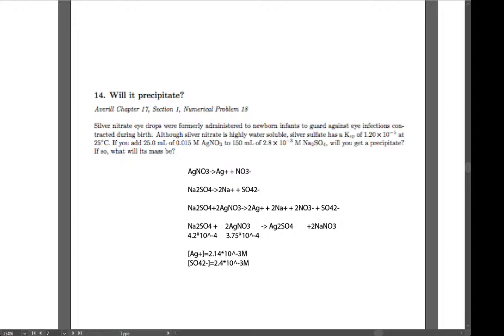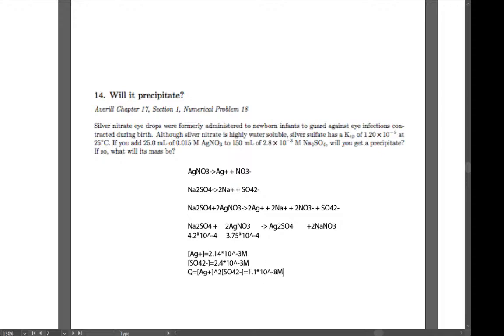This Q here is related to the Ksp, so we just need to find what Q is. Q here equals the concentration of Ag+ squared times the concentration of SO4 2-. When we plug in the numbers, what you get is 1.1 times 10 to the power of negative 8 molar.